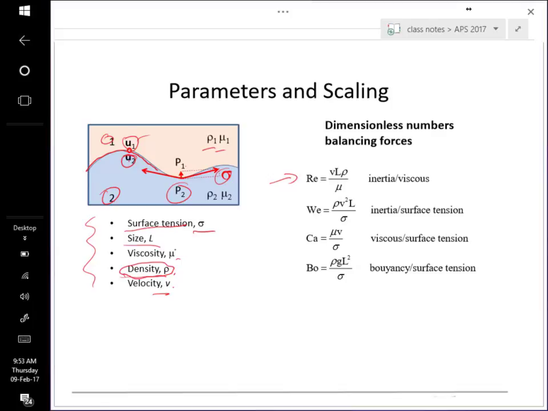Here we show how surface tension is playing into it. So this is the Weber number, and it's the ratio of the inertial forces to surface tension forces. Well, let's go through all these. So this is the capillary number, and this is the Bond number.